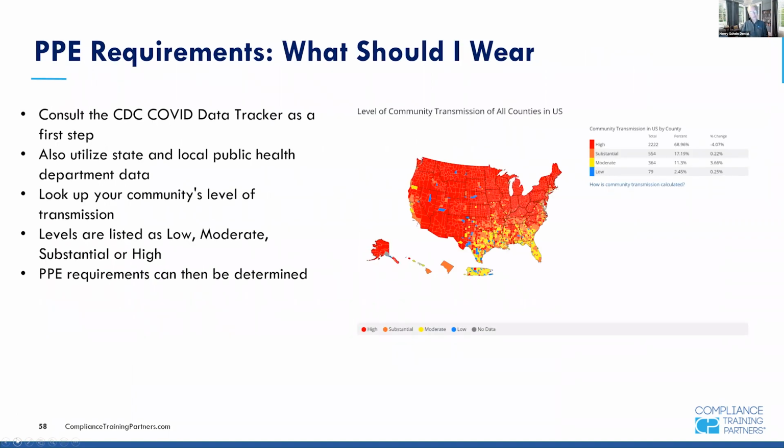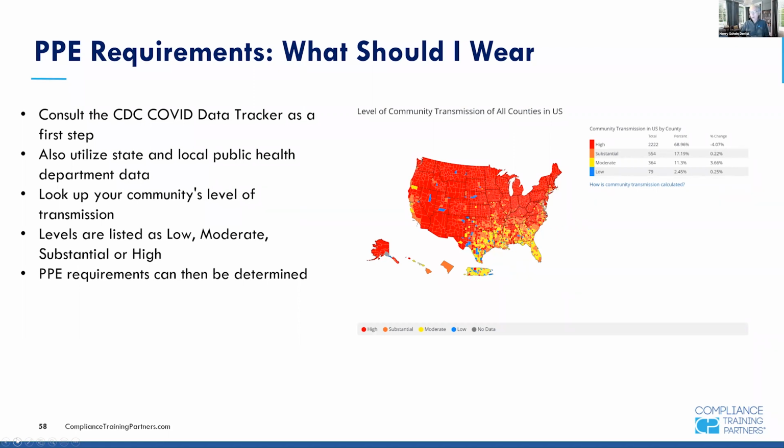So people ask us all the time, what should I wear? What sort of PPE should I wear? And here's what I like. If you screen everybody who comes into the office, now what you can do is make that decision based on whether your community is in low, moderate, substantial, or high levels of transmission.